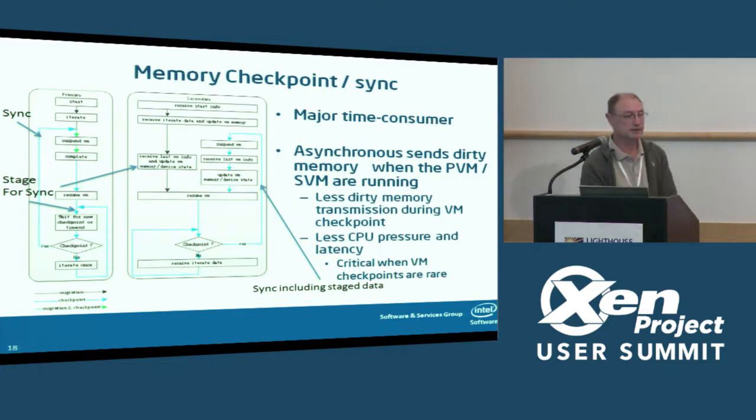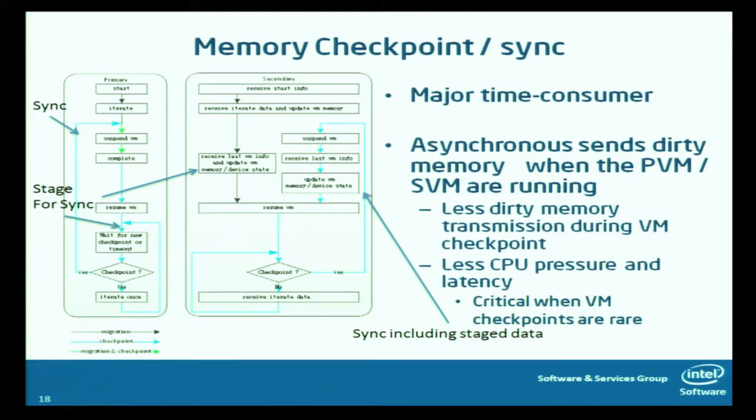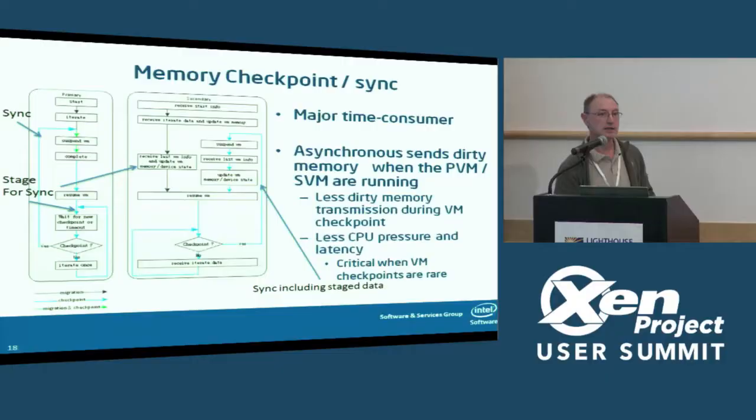So this, I can't even read it because of the size. The key thing to see here is that in the background, this is just an optimization basically, but the way the system works is as the primary is going along, occasionally it will look to see what pages are dirty, and it'll send those over to the secondary.